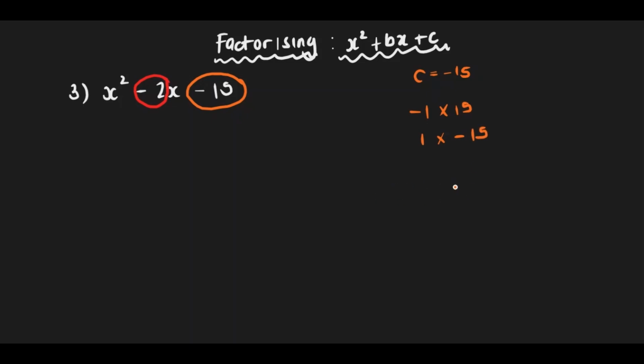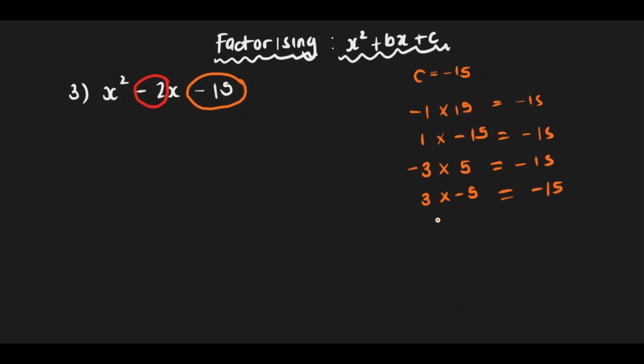The next factors are -3 multiplied by 5, and the second one is +3 multiplied by -5. If we multiply each pair, it's going to give you -15.